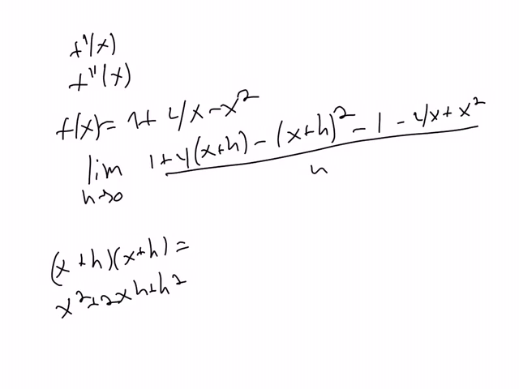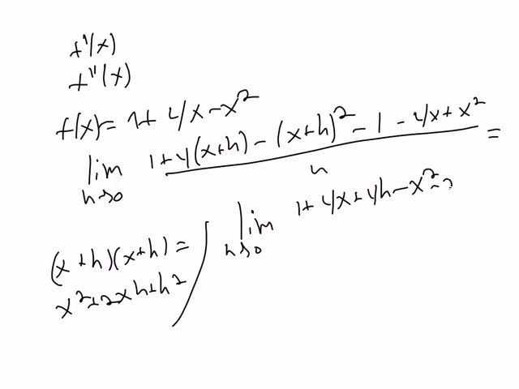So this is equal to the limit as h goes to 0 of 1 plus 4x plus 4h minus x squared minus 2xh minus h squared, right? And then this minus, I'm not going to write it, but this negative 1 and this 1 cancel. And this negative 4x and this 4x cancel. And this x squared plus x squared and this x squared cancel. I'm going to have this over h.